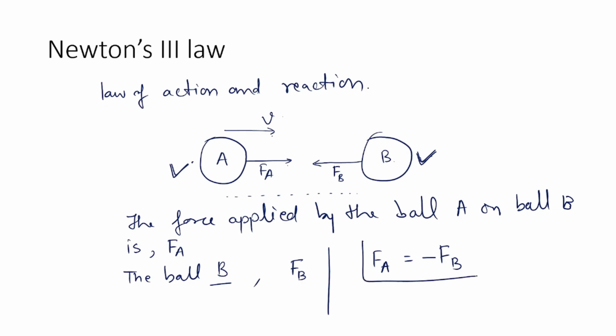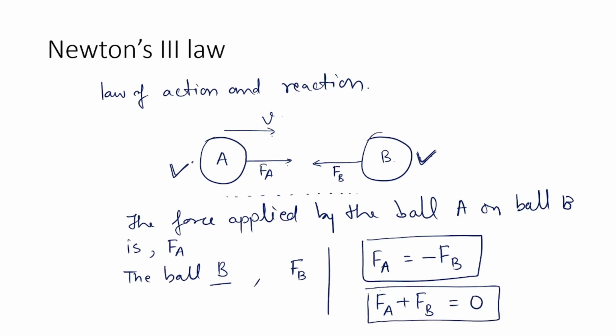So this is the action and reaction law, and this is the formula for that. If you combine these two, you will get FA plus FB is equal to 0. It means the net force acting on the system is 0.